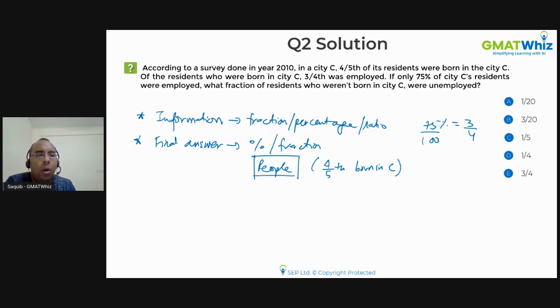Okay. Now, of the residents who were born in city C, now they're talking about these people, 3/4 were unemployed. Now, if I'm doing the question live, the moment I read this, there's a pattern that you need to understand.